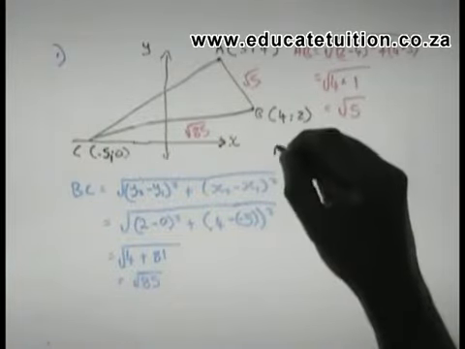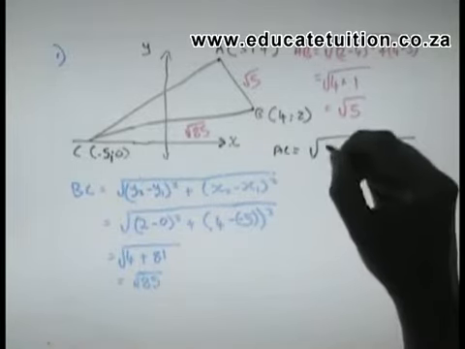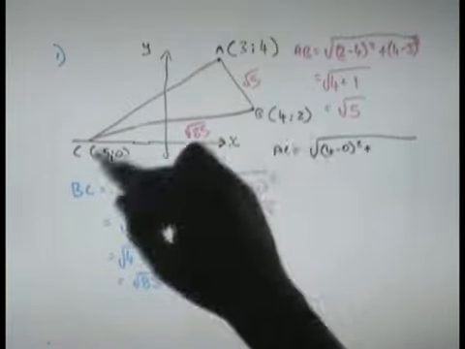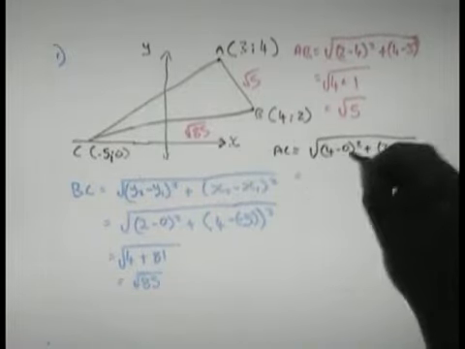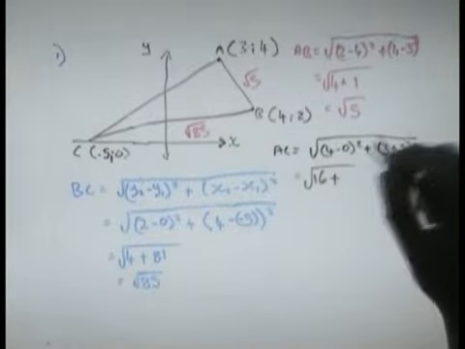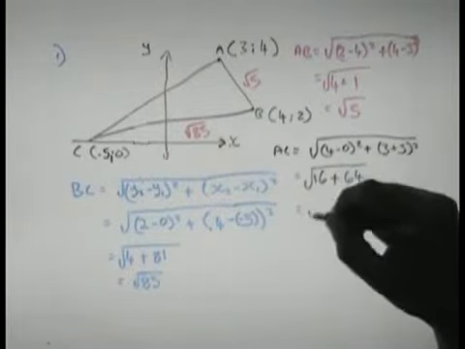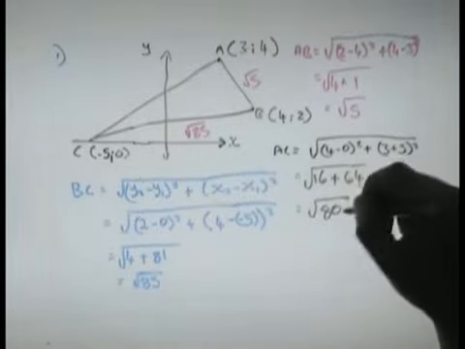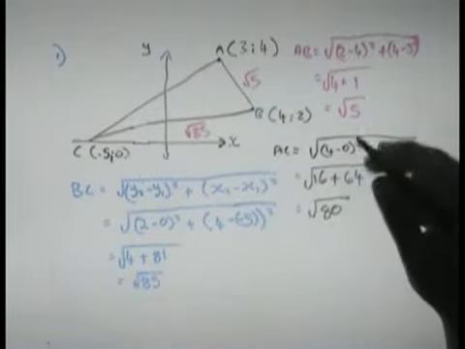Last one, AC. AC is going to be given by square root of 4 minus 0 squared, plus 3 minus minus 5, or 3 plus 5 squared. 4 minus 0 squared is 16, plus 3 plus 5 is 8 squared is 64. 64 plus 16 is equal to 80, all in the square root sign. Again, do I need to simplify it any further?